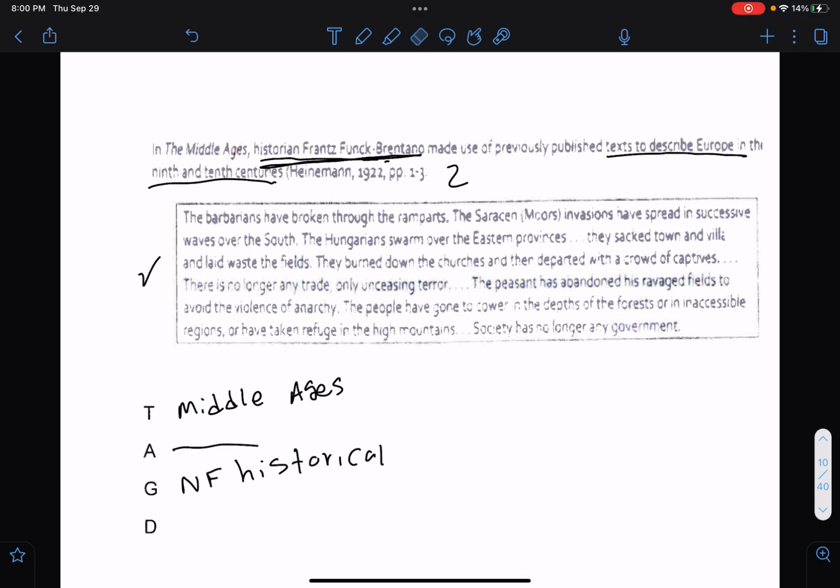This one throws kids off because they think of this date, when it was published in a book called the Middle Ages. But this document actually comes from the 9th and 10th century, so we don't know exactly when it was originally published. So we'll just say 9th and 10th centuries, which will be like the 900s.